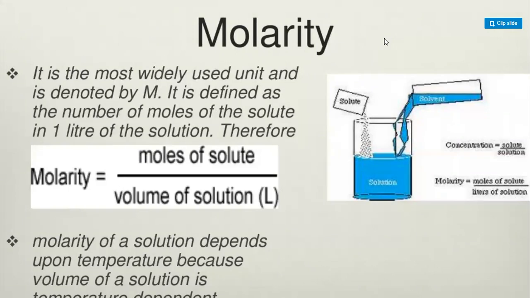The molarity of a solution depends on the temperature, because the volume of a solution is temperature dependent. So molarity is the moles of solute upon the volume of solution in liters.